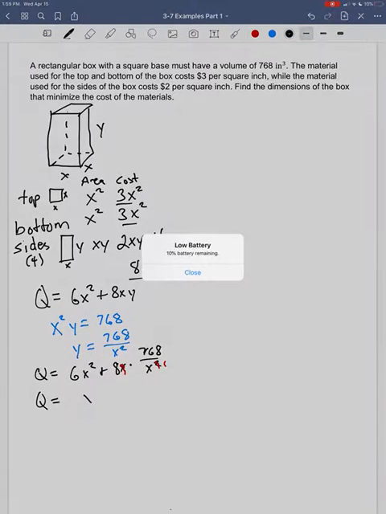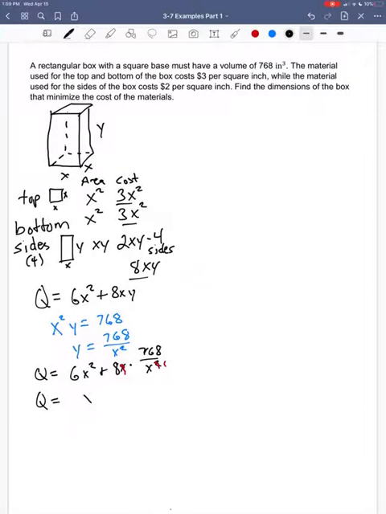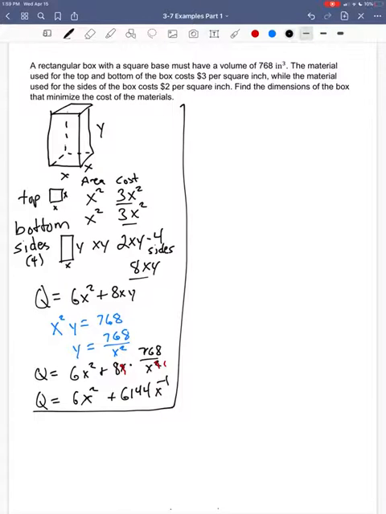So I'm going to get 6x squared plus 768 times 8. I'm going to have to do that. That's 6144. And I get x to the negative 1. And that's essentially the setup that I have for this problem. I'm trying to minimize that cost.